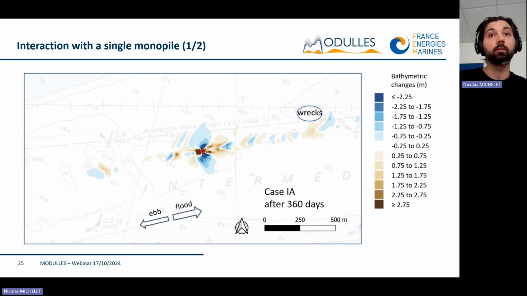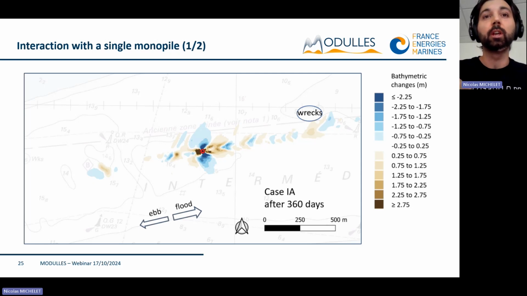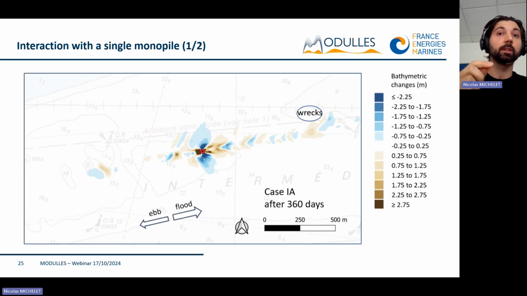So it's like a micro island or maybe a rock, because it's a numerical cell that is 10 meters wide. And it is located here on the red circle. And on this picture, you have the bathymetry changes calculated by the difference between the bathymetry without the monopile and the bathymetry with the monopile.